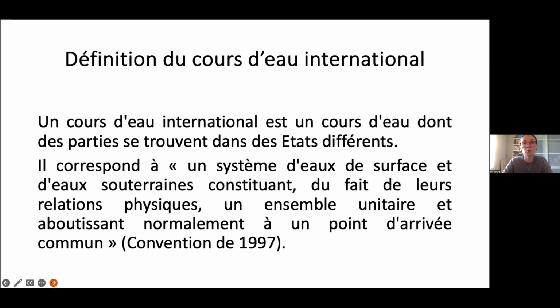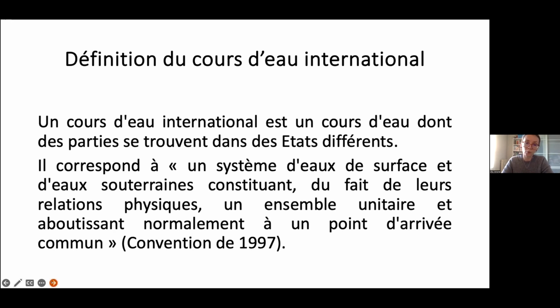Now, concerning the definition of the international watercourse, this is the 1997 convention that gave us the definition. It's a watercourse that corresponds to surface water and groundwater making up a unitary assembly or ensemble.